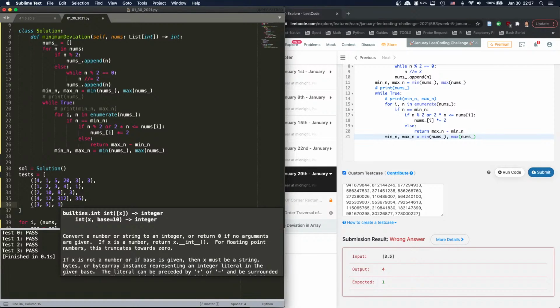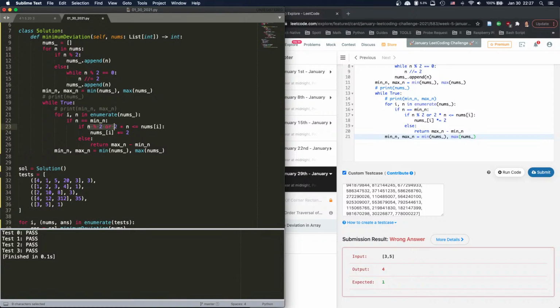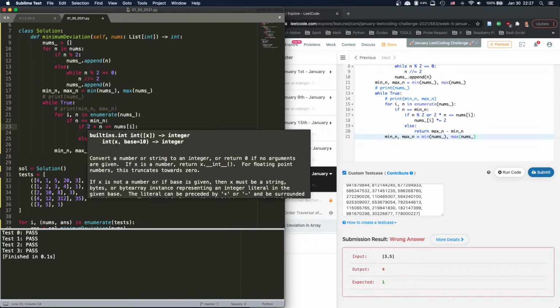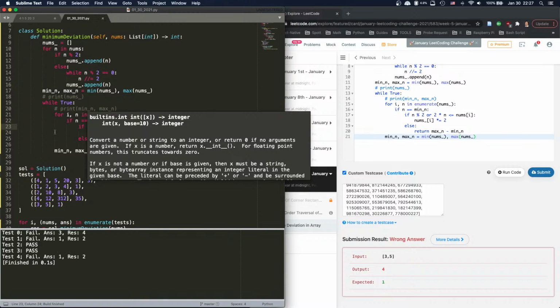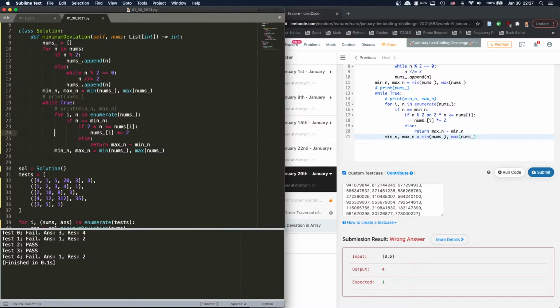Expected 1. Oh, I mean, as long as I can multiply by 2, it doesn't really matter if it's even or odd. Yeah, it doesn't matter if it's even or odd, as long as I can multiply by 2. That is not correct.